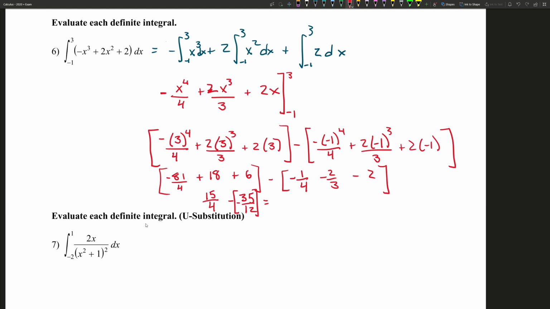And when we do that, we get 20/3. So 20/3 is the answer I would be expecting. Obviously, you would get a lot of credit if you just got up until here, but I think we should be able to simplify those.